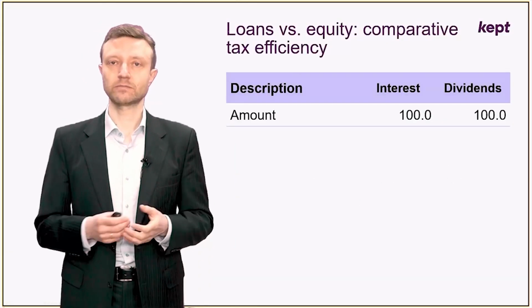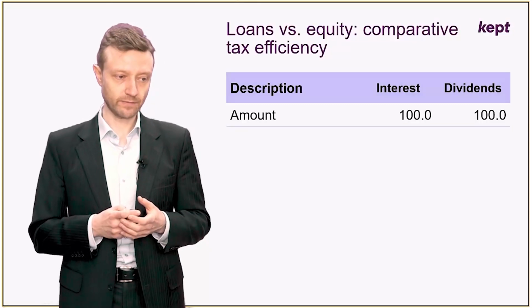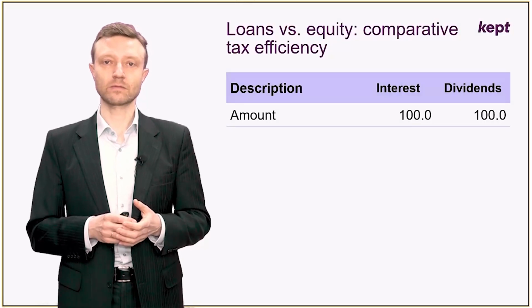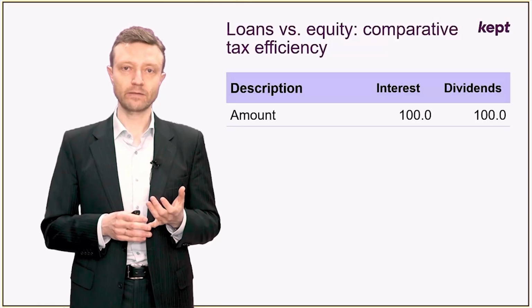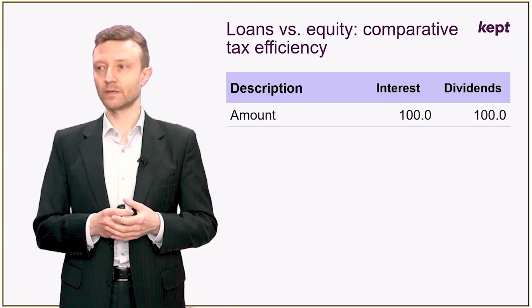And let's just look at a comparative example or comparative calculation of tax efficiency. If a loan is provided, then interest is paid. If an equity contribution is made, then whatever operating profits are generated, they are then distributed as dividends.